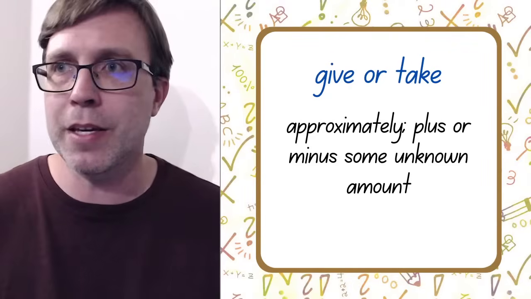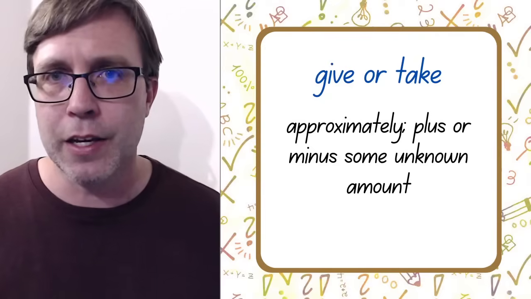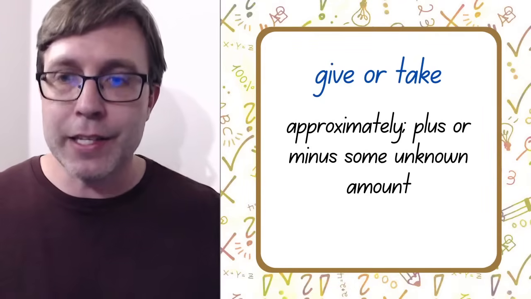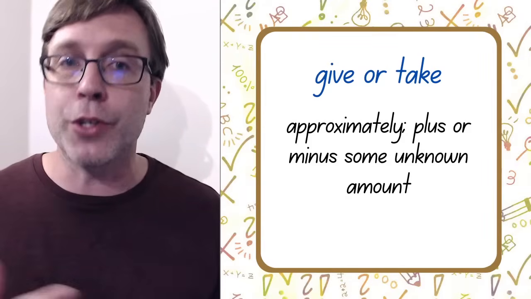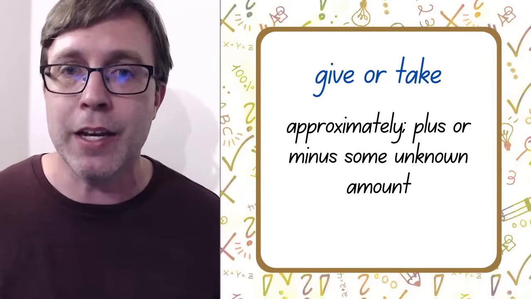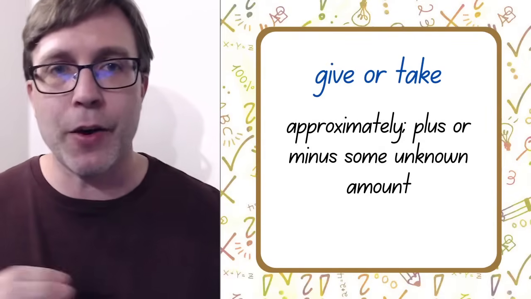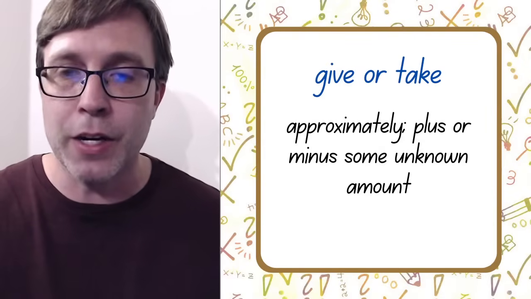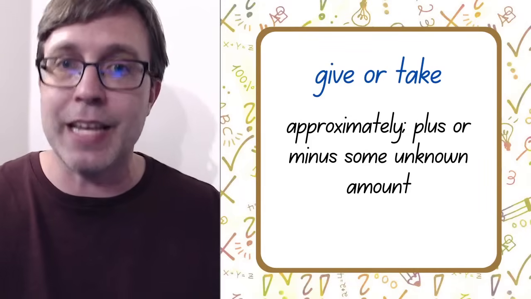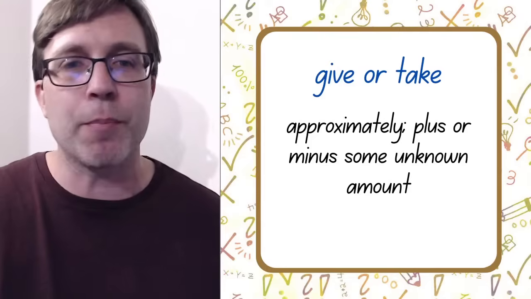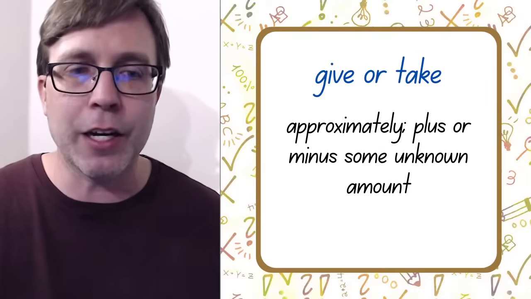And you might say, well, maybe 100,000, give or take. So when you put give or take at the end of it, it's telling the other person that you're just approximating. You're guessing as to how much. So again, we're talking about an amount or some number. And if you say that and then follow it with give or take, then we know, okay, you're just saying approximately. That's just kind of a close guess.